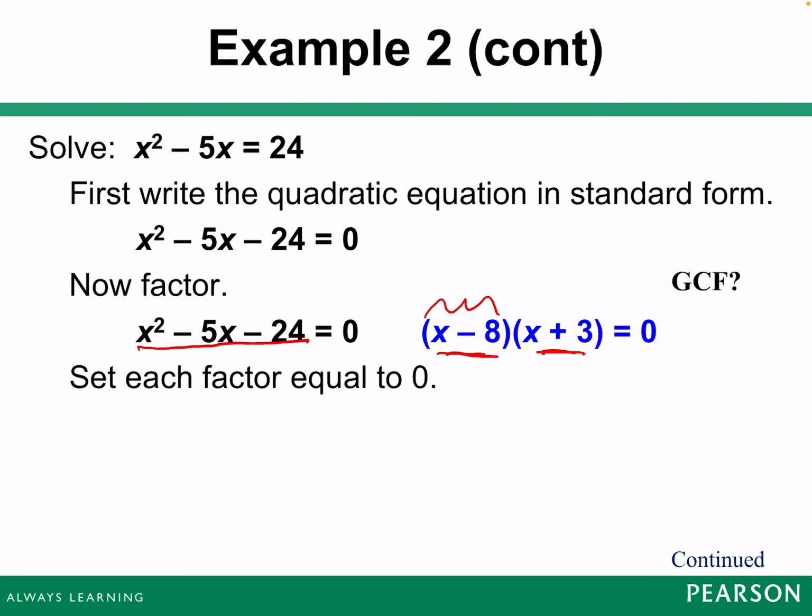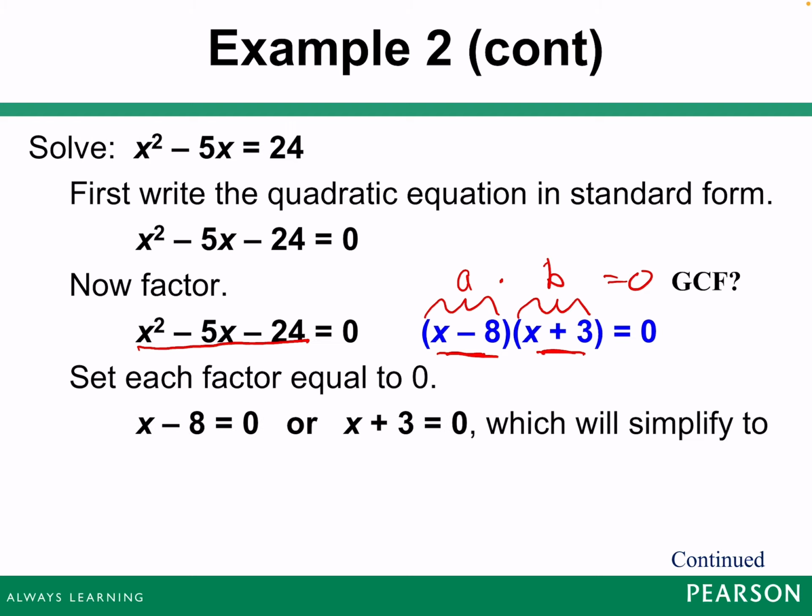Remember, if you have a times b and the product is 0, then either a has to be 0 or b has to be 0. So I'm going to set each one of those factors equal to 0 and solve. I'm going to add 8 here and I'm going to subtract 3 over here. So I get x equals 8 or x equals negative 3.